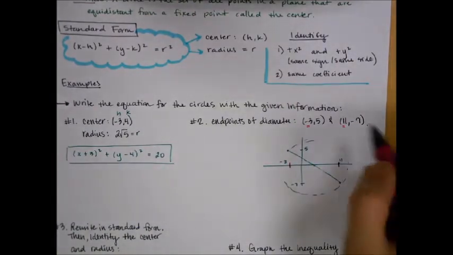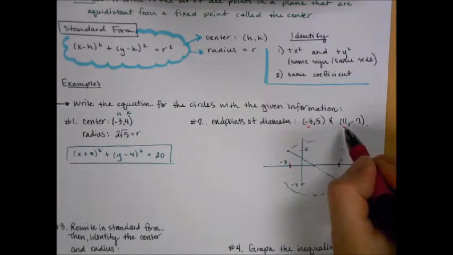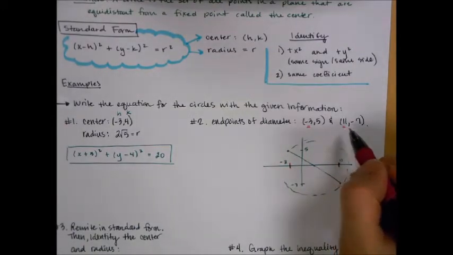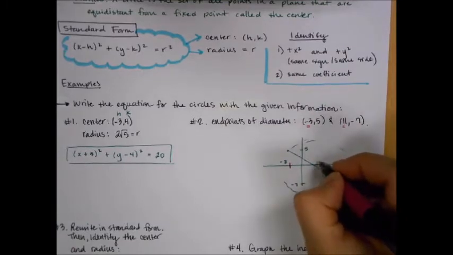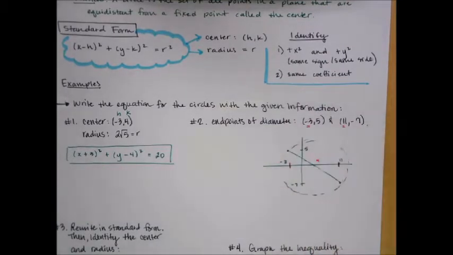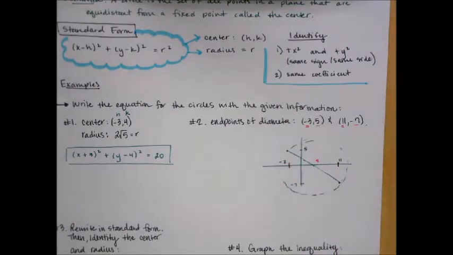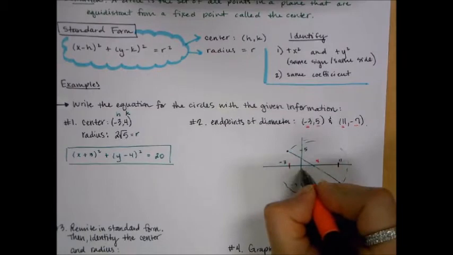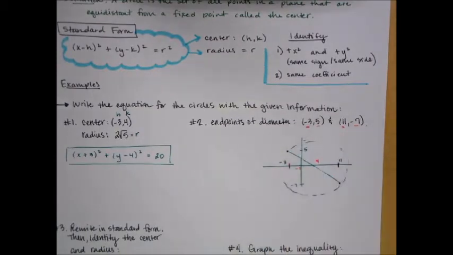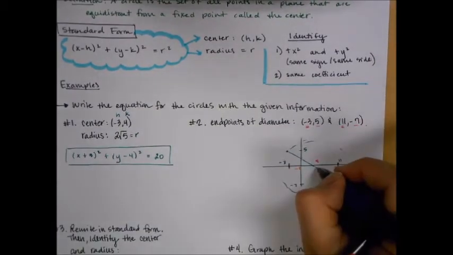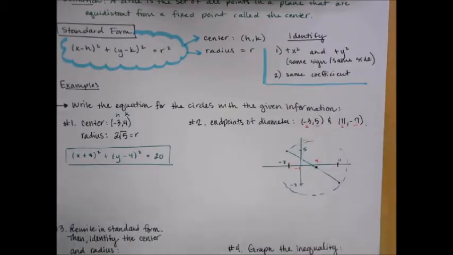So adding them up gives me 8, dividing in half gives me 4. So 4 is going to be my x value. And then I want to repeat that with the y values. So averaging 5 and -7 is going to give me -1. So that should be the center of my circle at 4, -1.